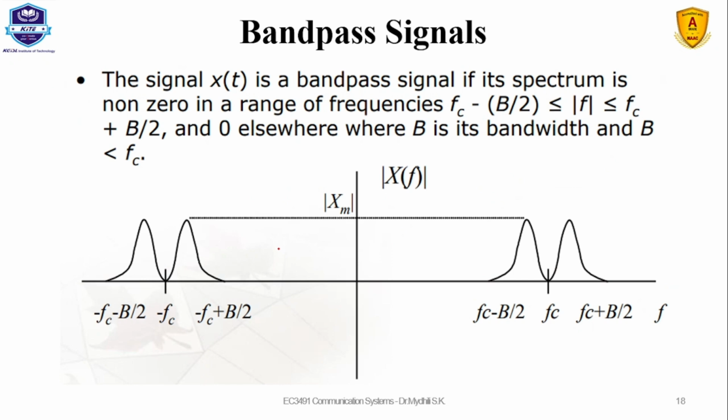What is a bandpass signal? The signal x of t is a bandpass signal if its spectrum is non-zero in a frequency range contained within fc minus b by 2 less than or equal to frequency less than or equal to fc plus b by 2, that is, frequency ranging between fc minus b by 2 and fc plus b by 2.